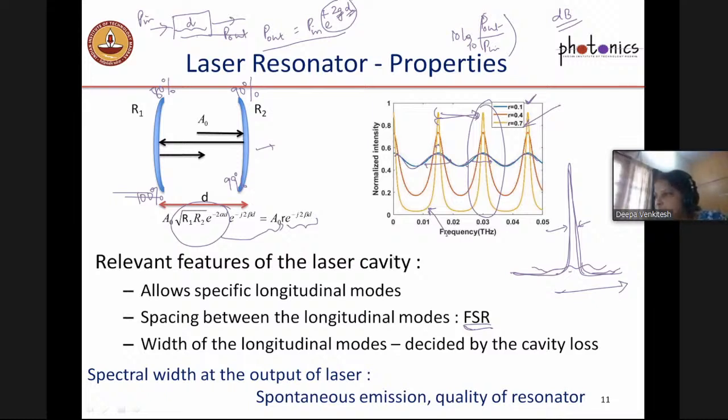Sachin has a question. What does a cavity consist of? Is it a vacuum or are there gases used? So the cavity typically depends on the laser. For example, if it is a semiconductor laser, it's just a semiconductor medium, and then the two ends of the medium are just polished and made into mirrors. So the entire cavity is the medium.